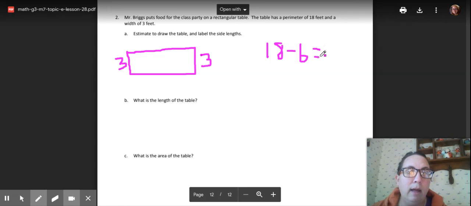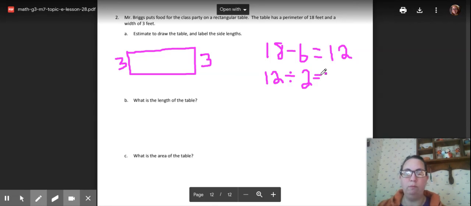So 18 minus 6 is 12. Now we don't have one side, we have two sides. So we need to divide that 12 by the amount of sides we have, which is 2. So 12 divided by 2. If you had 12 of something and you put it into 2 piles, how much would be in 1 pile?